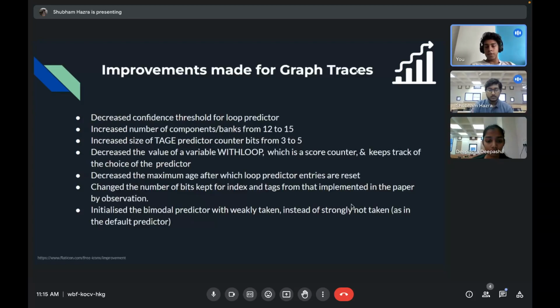Lastly, in the default bimodal predictor, they had initialized all the bits with strongly not taken, but instead of that we use weakly taken. This showed a significant improvement when the branch was selected for the first time, when the bimodal predictor was used.